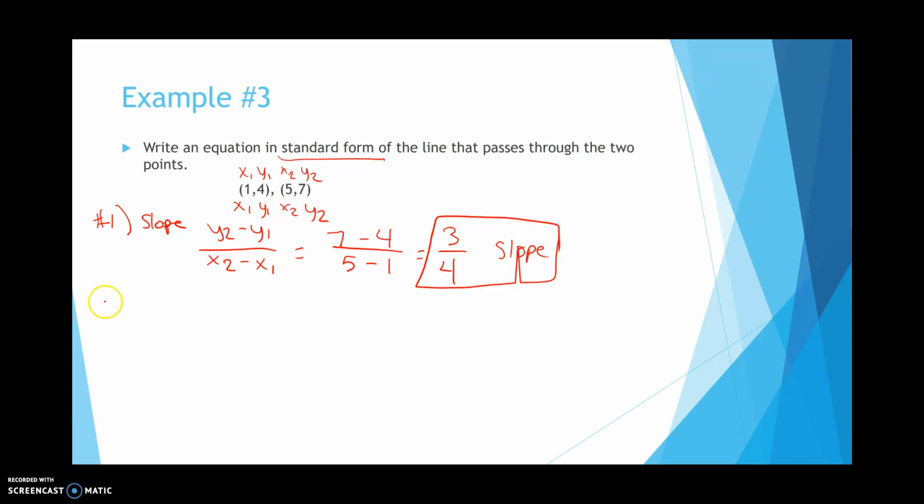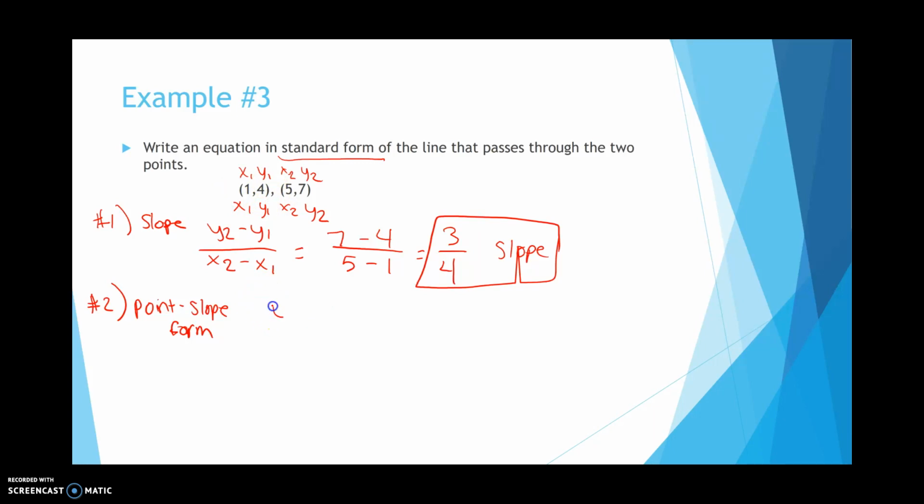Now my step number 2, I am going to take this and write this in the point slope form. So I can choose one out of these 2. It doesn't matter. I'll just choose (1, 4) just because that's my first one.